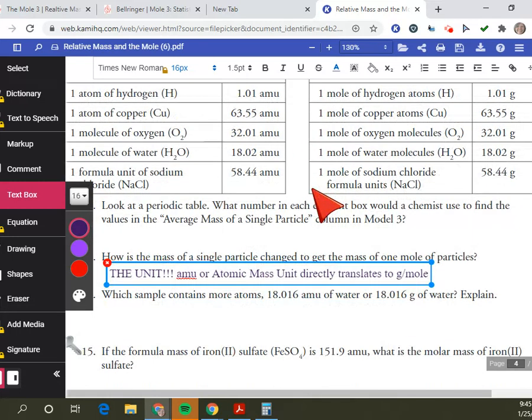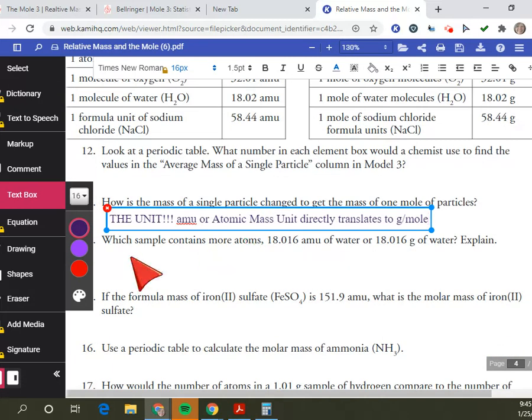And this is a question right here that you're going to see similar ones to over and over. So let's talk about it. Which sample contains more atoms? 18.016 AMU of water or 18.016 grams of water? What do you think?